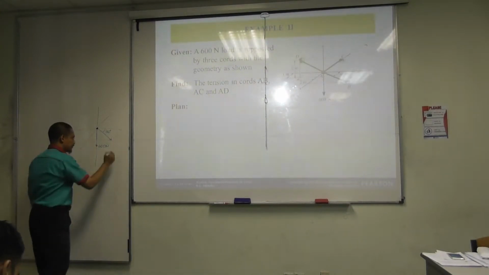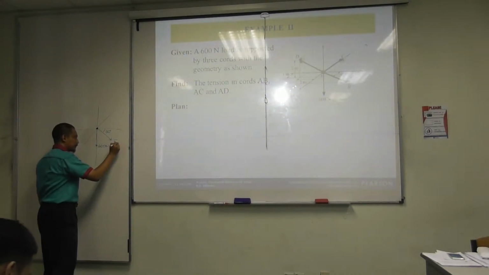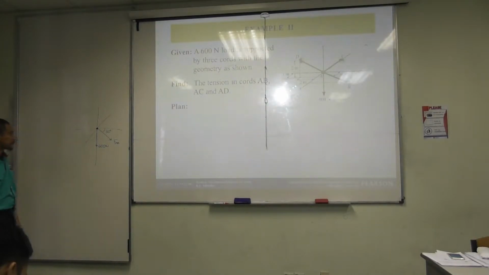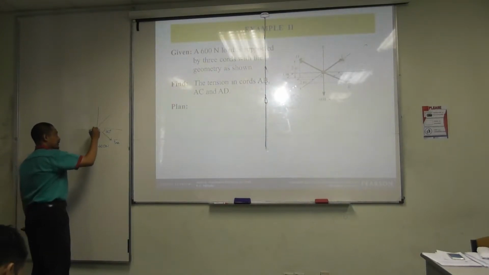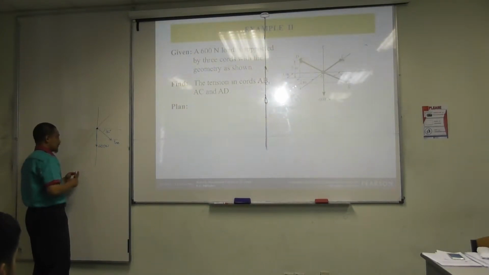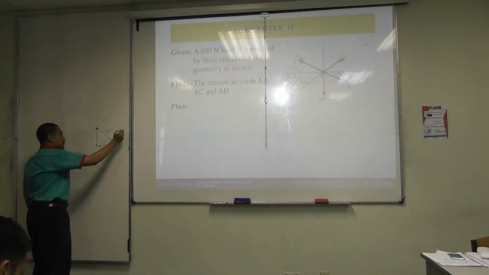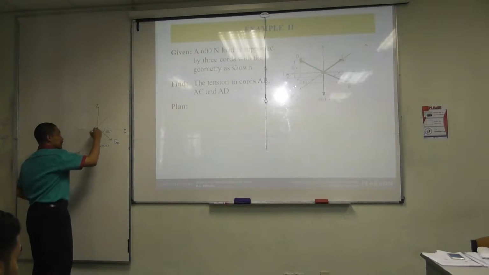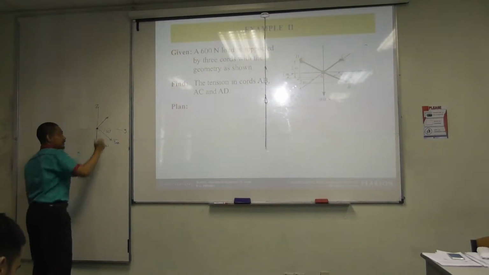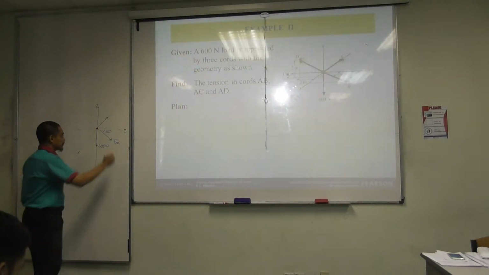So we can label it, for example, FAB. And then point C, the cord is straight away on the x-axis. So this is the x-axis, y-axis, and z-axis. So that this one is straight away going to the back here. Let's say FAC.